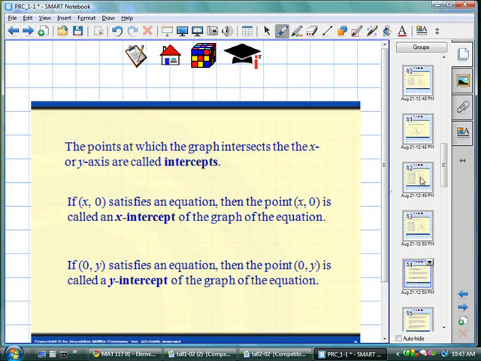What is true of all ordered pairs of points that lie on the y-axis? They'll always look like 0, something, right? 0, 9, 0, 8. Those are all points on the y-axis, right? And how would you find y-intercepts? Wouldn't you just set x equal to 0 and solve for y?